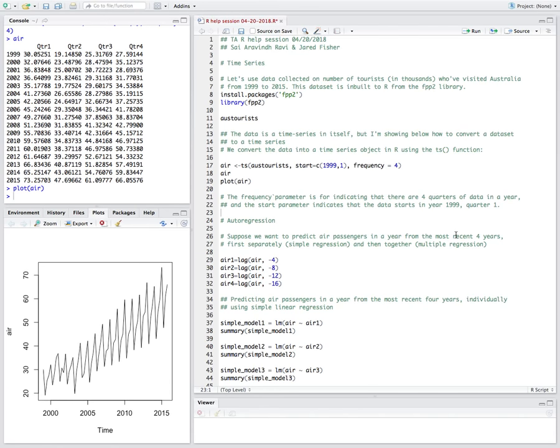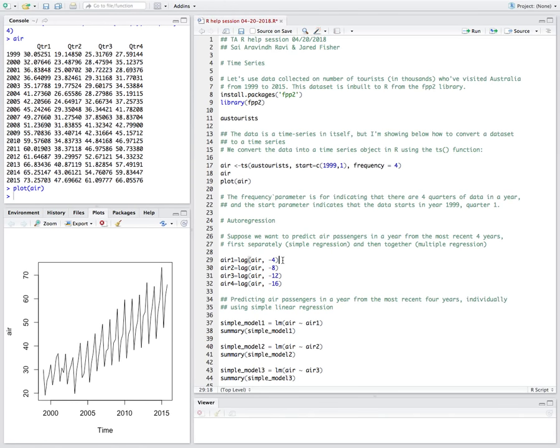So the first one, running separately, is equivalent to running 4 simple linear regressions with different lags, and the second one, running them together, would imply running a multiple linear regression using all the 4 lags at the same time.